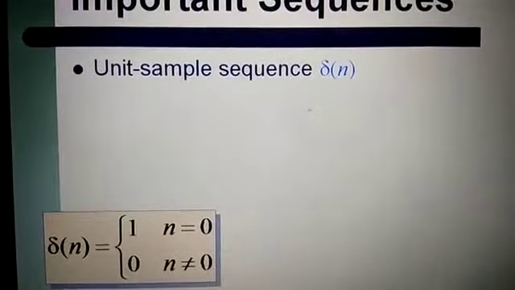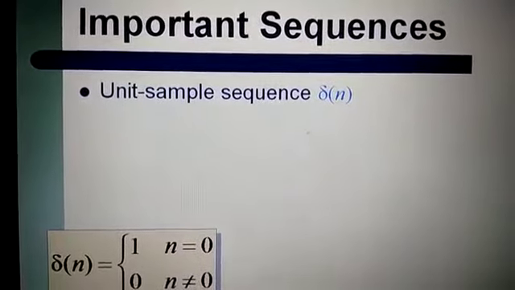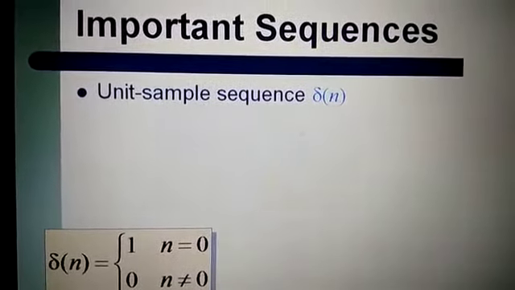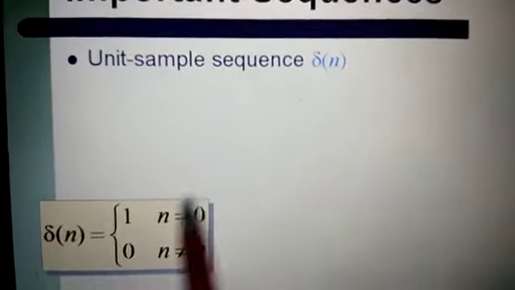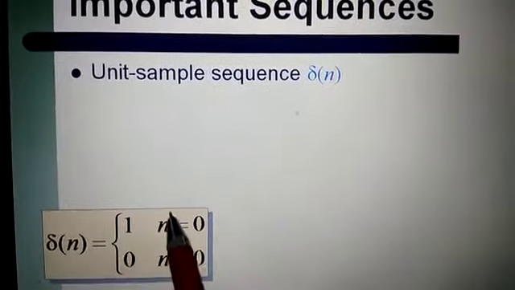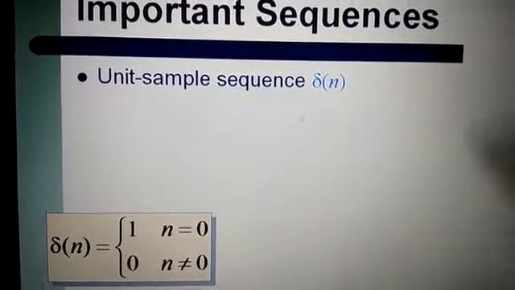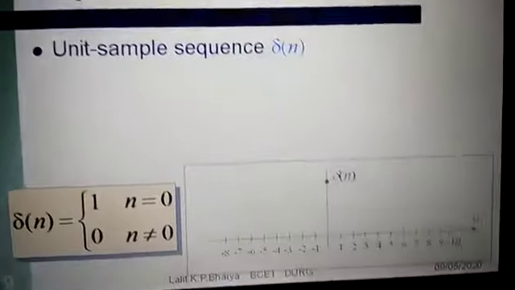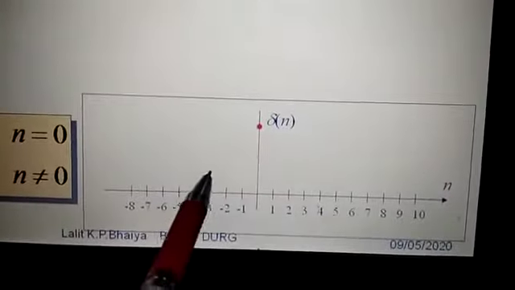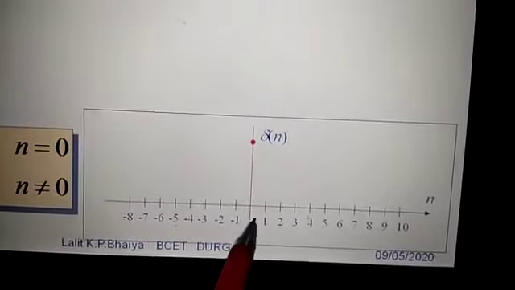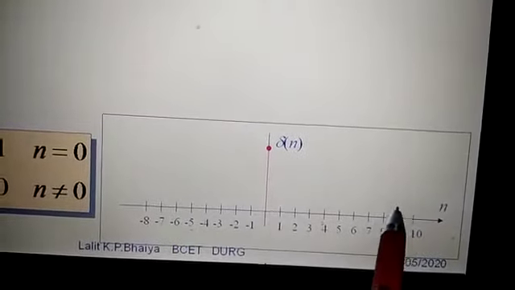Here the most important sequence used in DSP is the unit sample sequence, also called the impulse function, that is del of n. Del of n is equal to 1 for n equal to 0, and del of n is equal to 0 when n is not equal to 0. This is the graph of the impulse function, the unit sample sequence. Only at n equal to 0 it is 1, otherwise everywhere it is 0.